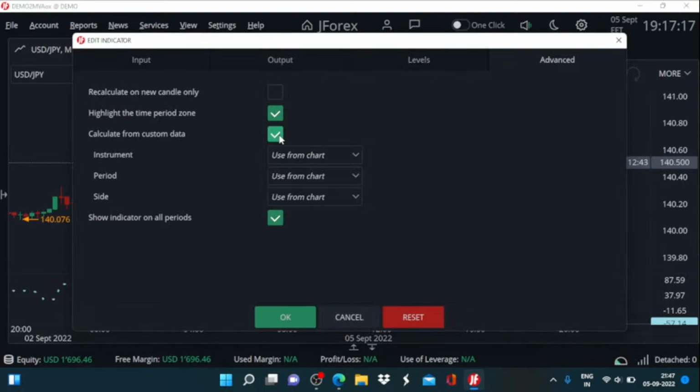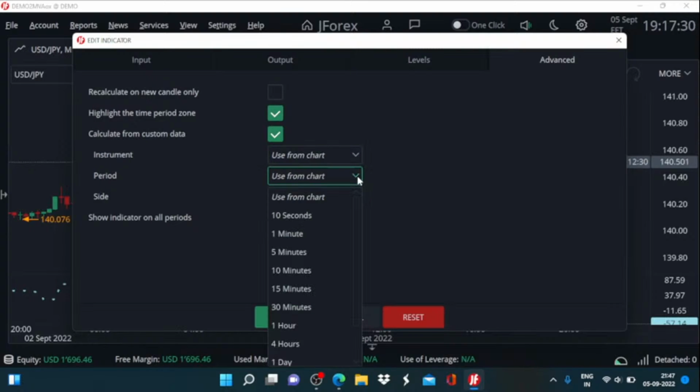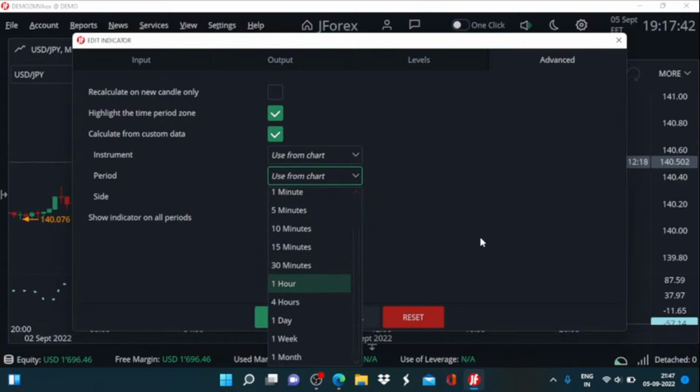If we go for the option calculate from custom data, you can customize the indicator's input values. You can go for the instrument from the chart, or you can keep it fixed to use the JPY. The time period used to calculate the indicator can also simply be taken from the chart, or regardless of the chart's candlestick period, you can hard code it, and it will work just fine.